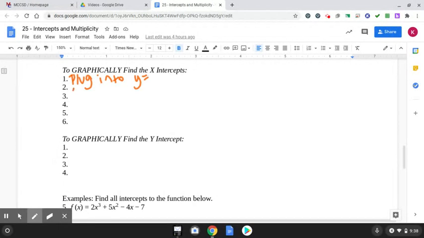Then you're going to press second, trace, and x-intercepts is number 2. It says zeros. Remember, another name for the x-intercepts are your zeros. Just like with the extrema, it's going to ask you about left bound, then it'll ask you about right bound, and then it'll say guess.